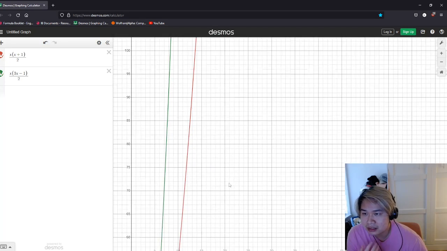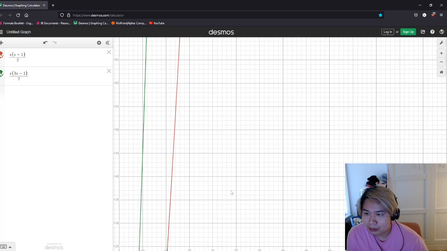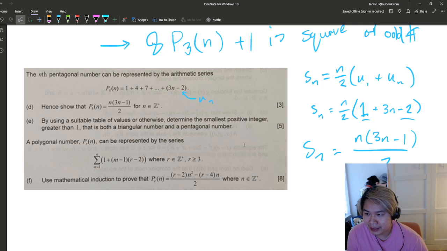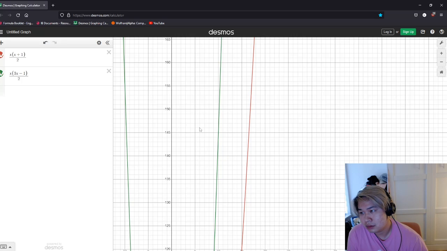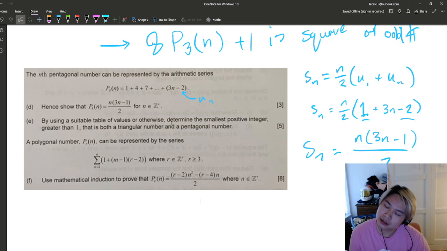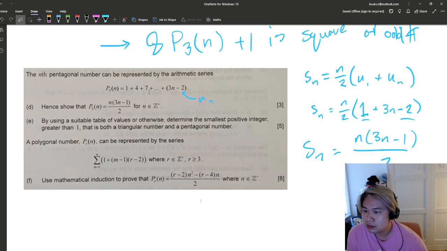Actually, no, I guess I can't do it this way, because this is saying when for the same n is it going to be both triangular and pentagonal? Wait, isn't that what I want to find out? That's both a triangular number and a pentagonal number.